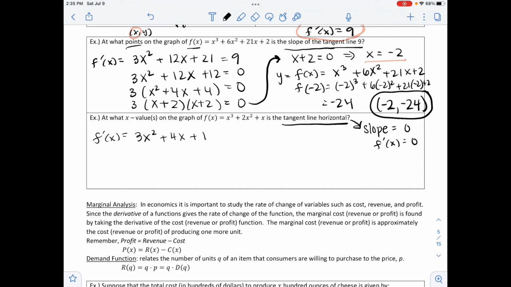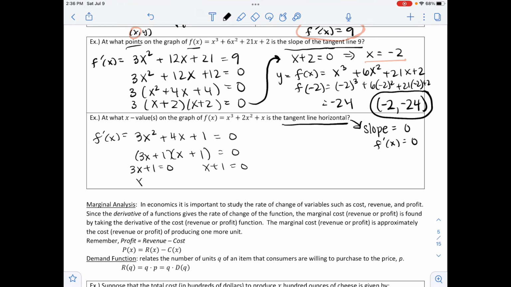And so this is our derivative, and to figure out where it's horizontal, we're going to set this equal to 0. And in order to do this, we need to factor. I'm going to try the guess and check method, and the only things that multiply to 1 would be 1. 3x squared would be 3x, and x, everything is positive, so I'll put pluses here, and then checking to make sure that is done correctly, which it is, and then setting each of these factors equal to 0.